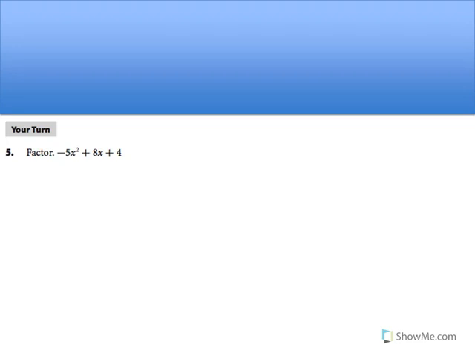Okay, so let's try this. We have to factor negative 5x squared plus 8x plus 4. First, consider the factors of negative 5: plus or minus 1 or plus or minus 5. The factors of 4 are plus or minus 1 and plus or minus 4, or we could have plus or minus 2 and plus or minus 2.